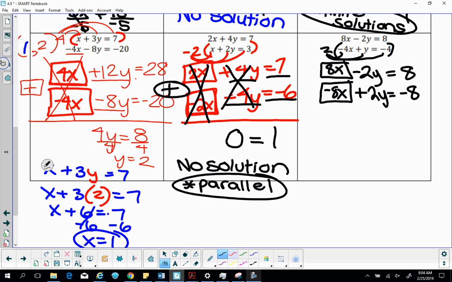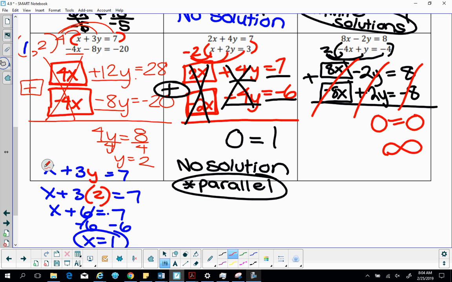What am I doing between the two equations? Adding. And so what happens with the x's? They cancel out. What happens with the y's? What happens with the constants? You end up getting 0 equals 0. I remember 0 equals 0 kind of looks like an infinity sign, right?